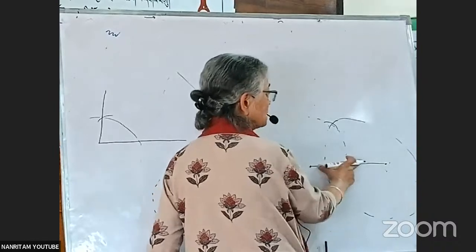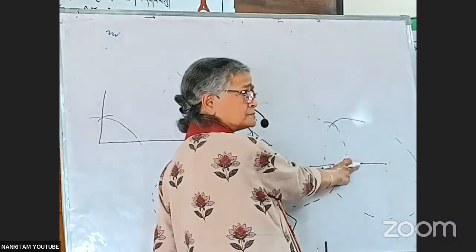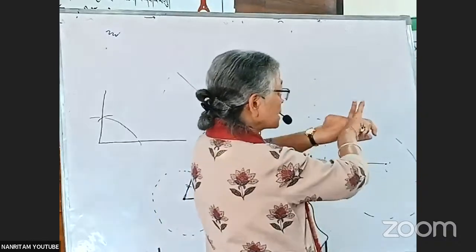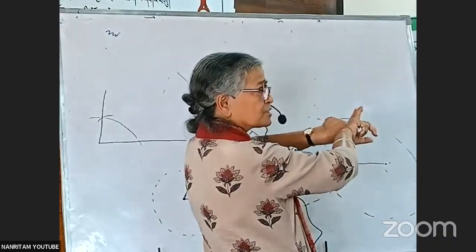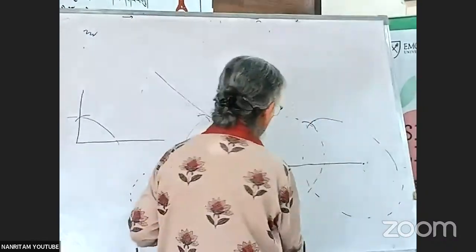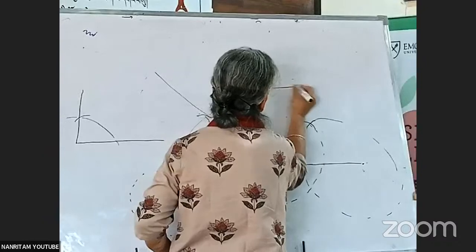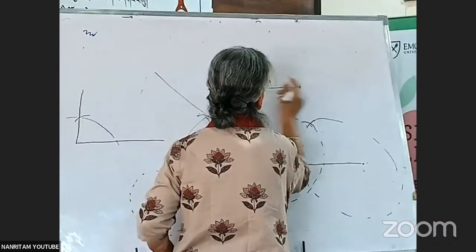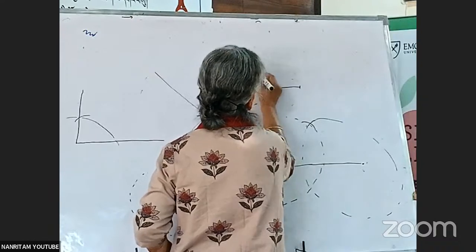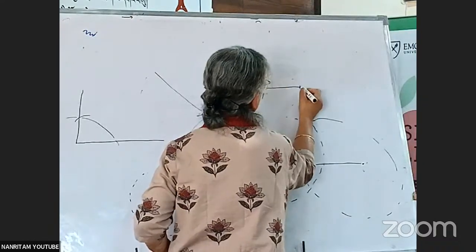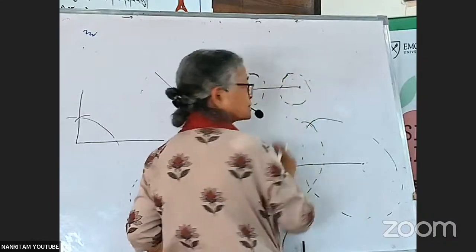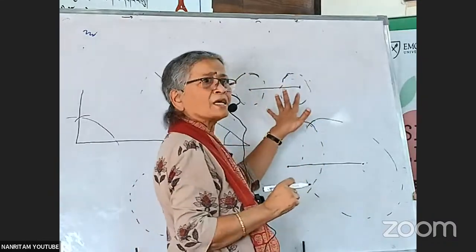And why are we taking more than half? If we take a length less than half, then there will be something like this: your arc is here, another is like this, and the arcs will not intersect each other.